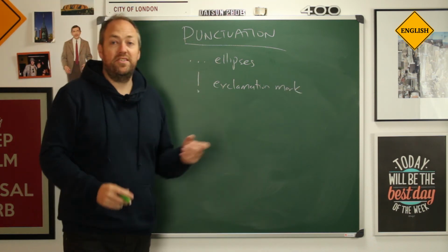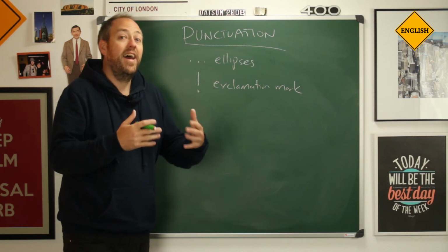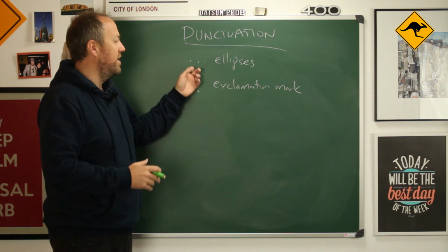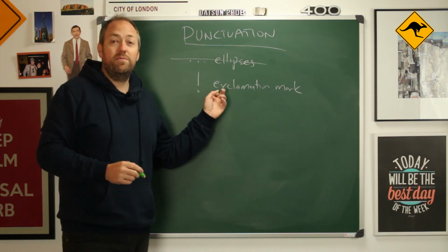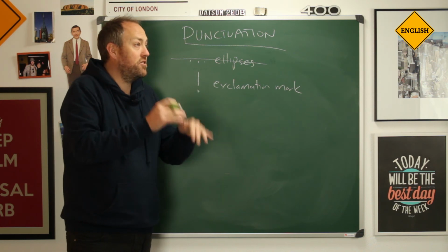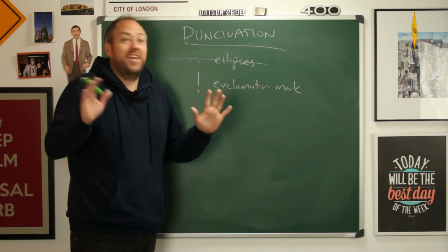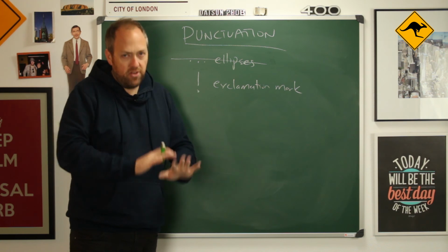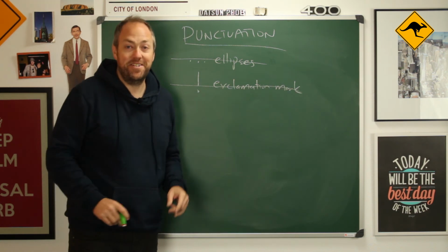So the ellipses, you know, we use them to say there's more coming at the end, like a dramatic pause. Okay, but this is very informal. Don't use this in the exam. And also, too many exclamation marks, okay? It's very informal. A lot of exclamation marks, it sounds like you're a very excited teenager. Oh my God! Okay, it's not good. It's not academic to be like this, okay? So avoid these in the exam.